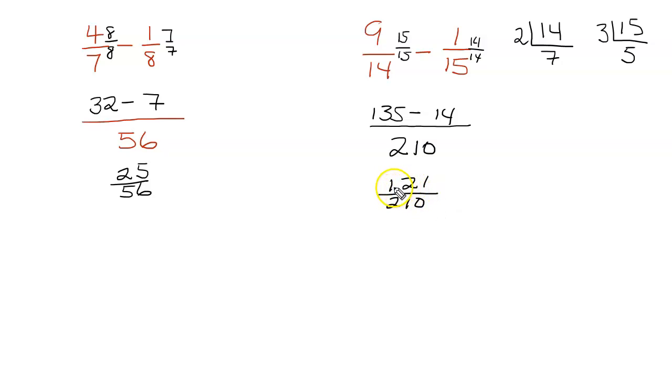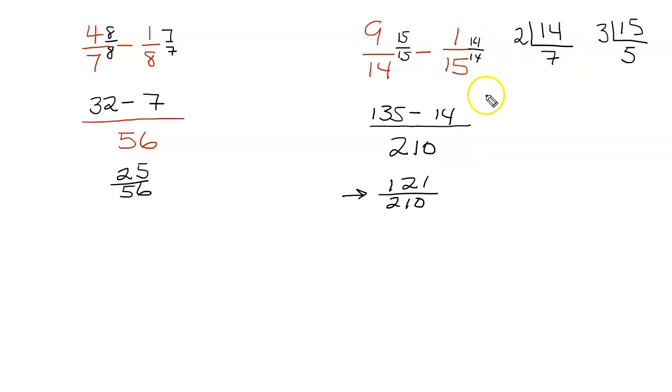Now, we want to simplify our fractions if we can. And if we use the rule of threes, you could factor out a 3 from here, but not out of there. So it looks like this would be our answer.